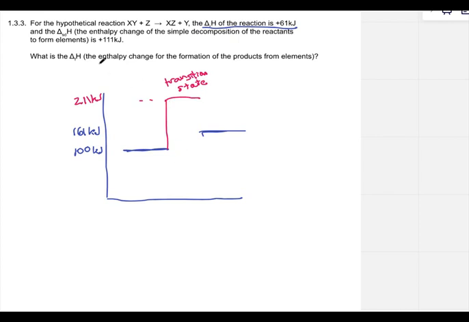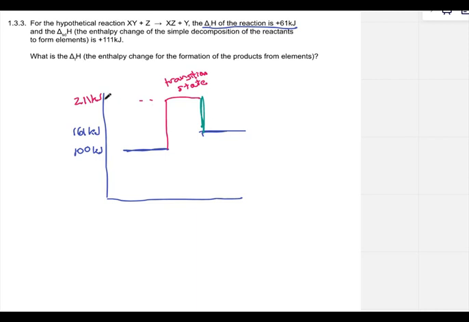And now they're asking about what's the enthalpy change for the formation of the products from elements. In other words, what's the delta H, or the enthalpy change for when we take our loose pieces and put them together. In other words, this amount. How far is that?